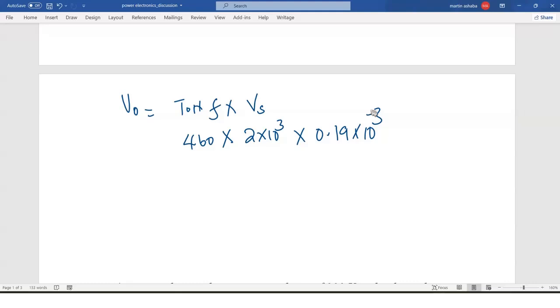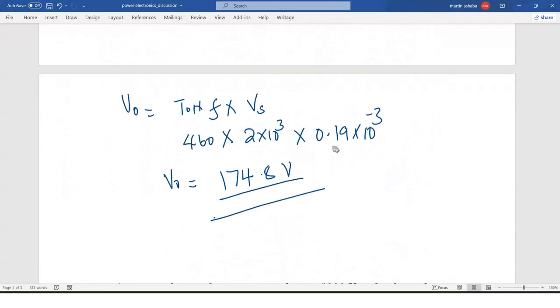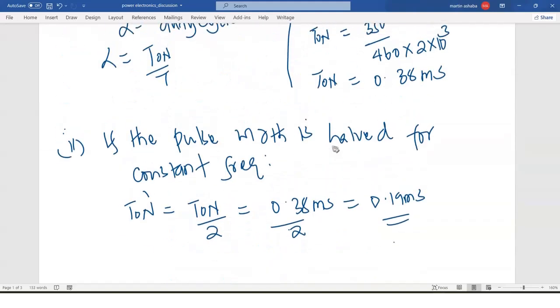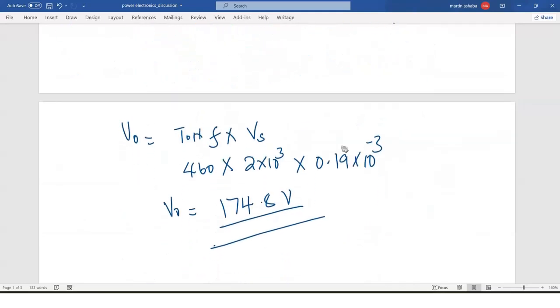Multiplying 0.19 times 10 to the power negative 3 by 2 times 10 to the power 3 and by 460, we get an output V naught of 174.8 volts. So we can see what happens when the pulse width is halved while keeping frequency constant: the voltage is further chopped down to 174.8 volts.